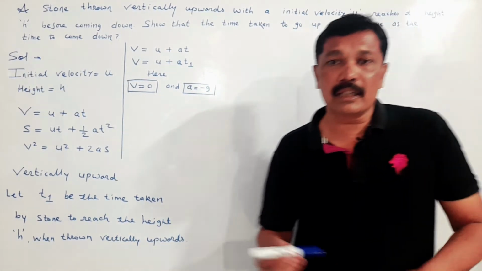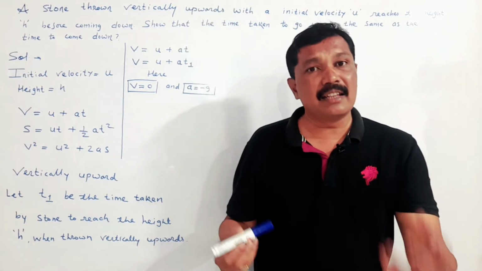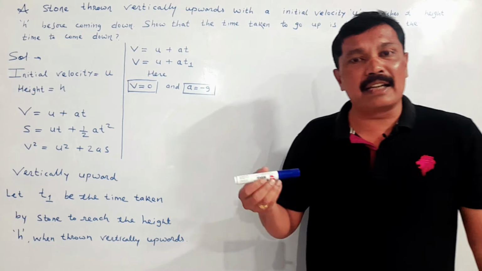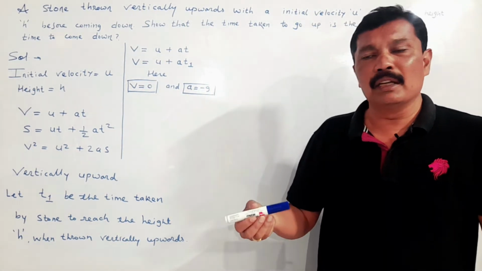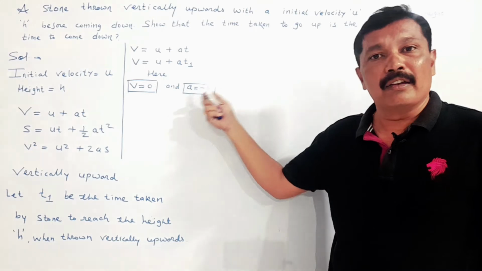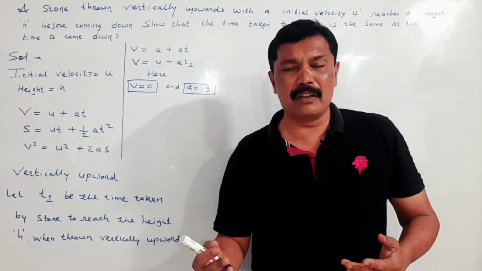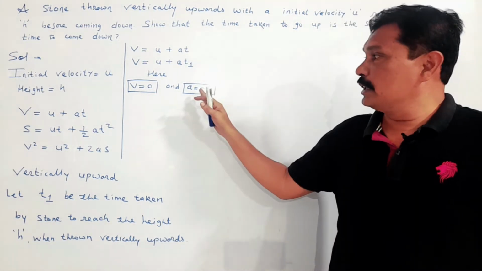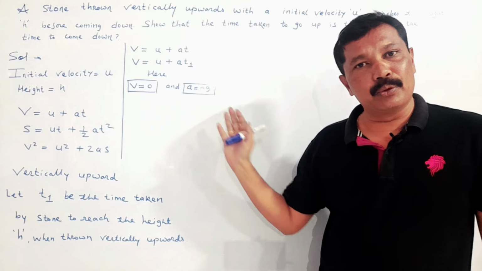My dear student, here the motion of the stone is in the upward direction and the gravitational force of the earth is in the downward direction. So the acceleration due to gravity acts against the motion, and therefore the value of a will be taken as g, and as it is moving against the gravitational force, a will be minus g. So we will take this information and put it in the equation.